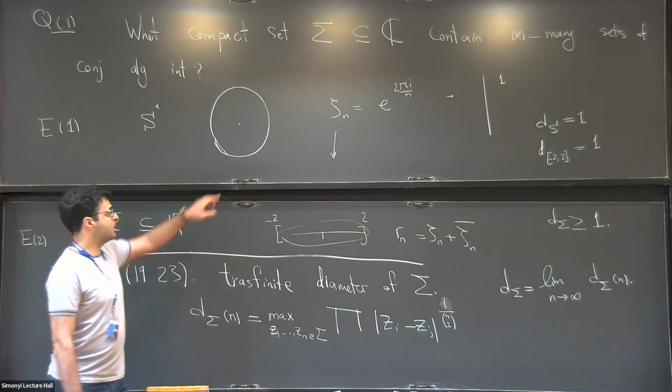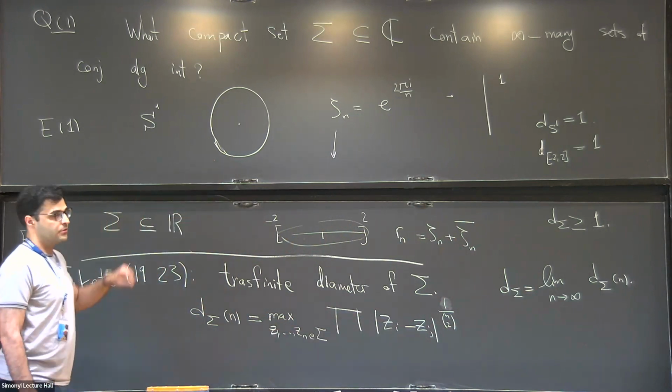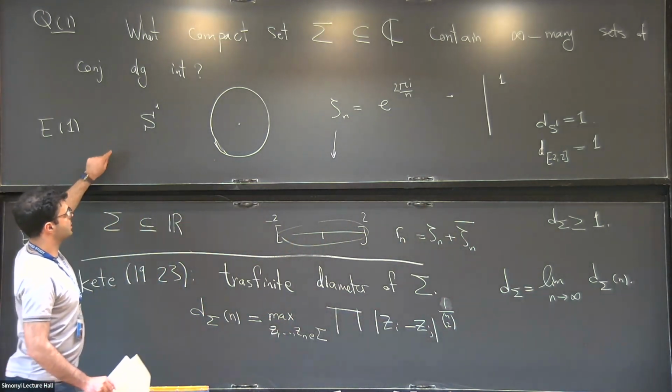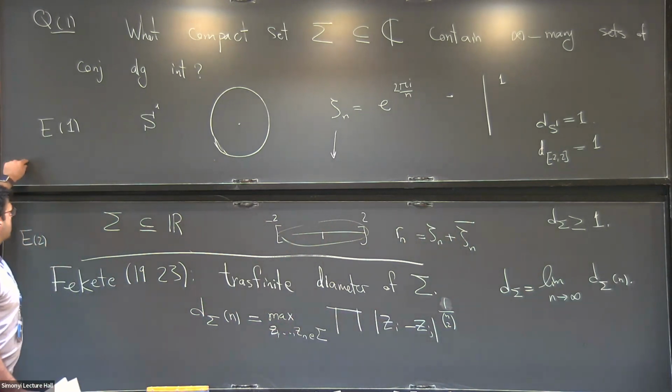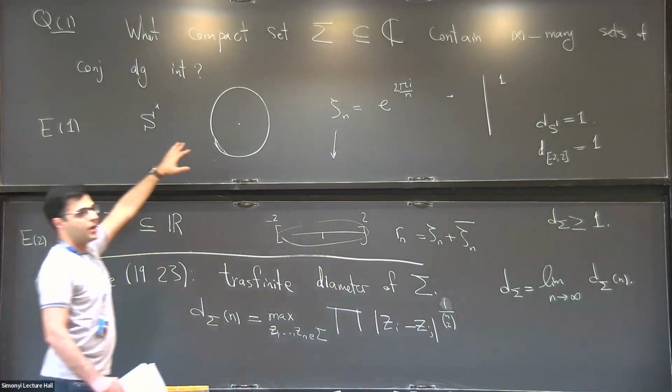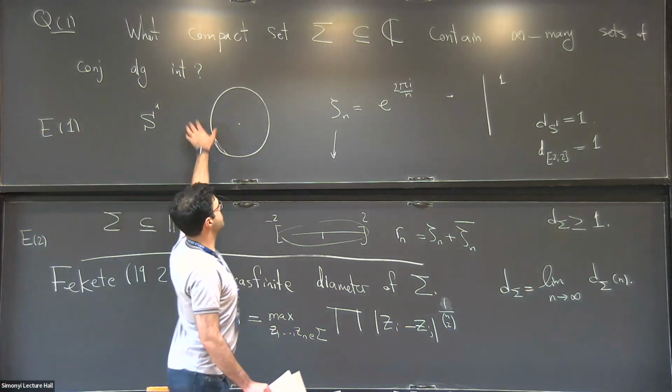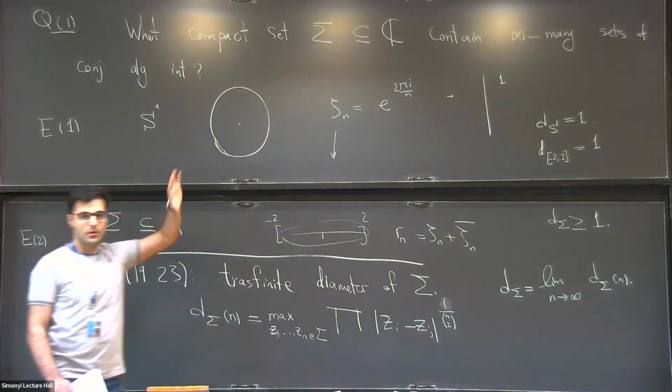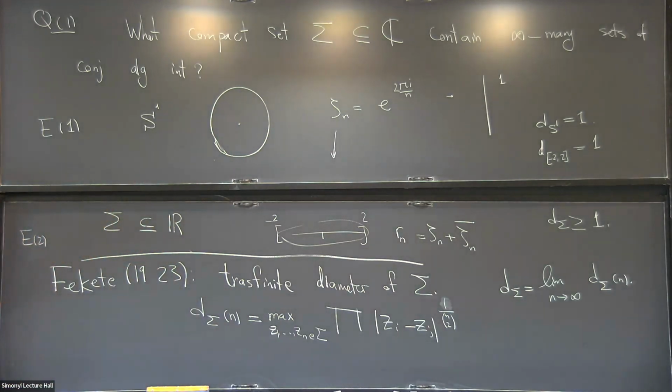That unique measure is called the equilibrium measure of the set. The way to think about the equilibrium measure is that you start at a point far from sigma, at infinity, then you do a random walk, and you see how it hits the boundary of your shape. That measure is called the equilibrium measure.